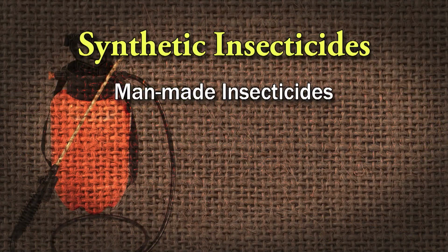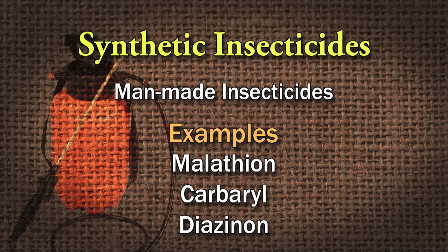Synthetic insecticides are the most common ones: malathion, Sevin, diazinon. Those are synthetic insecticides. There are several. The synthetic pyrethroids kind of mimic the pyrethrums, the chrysanthemum, a little bit, but they last longer, with a longer residual on the plant.